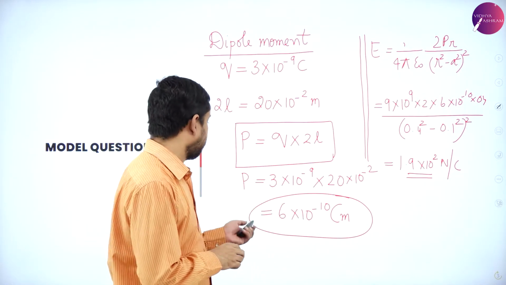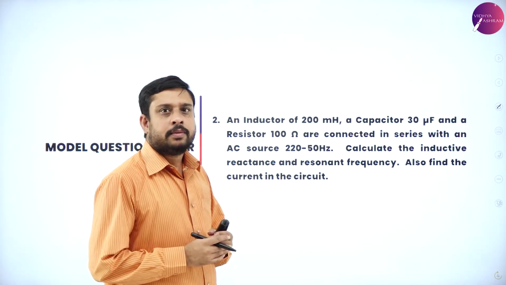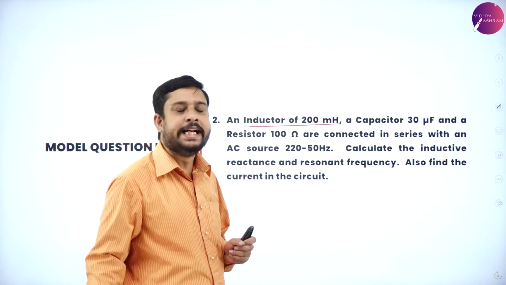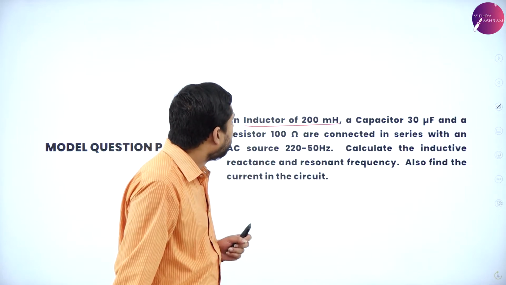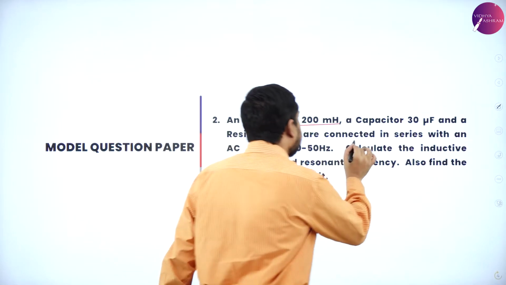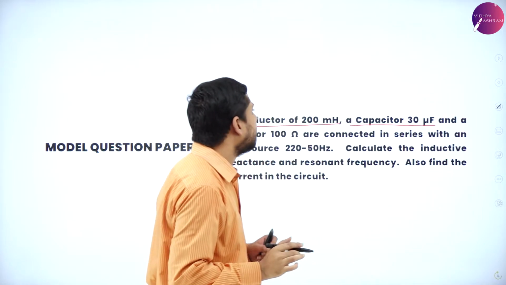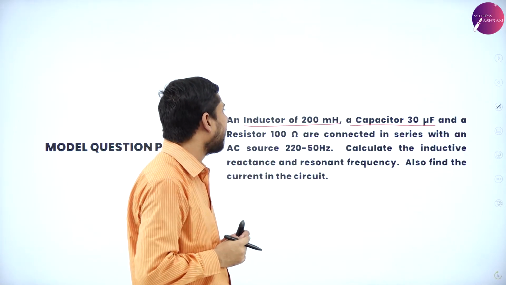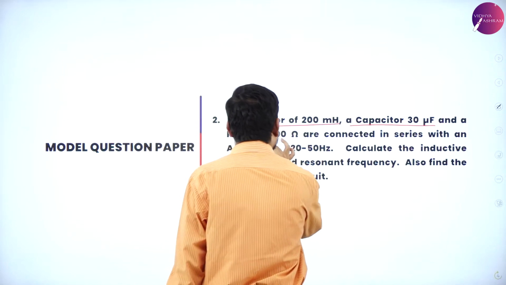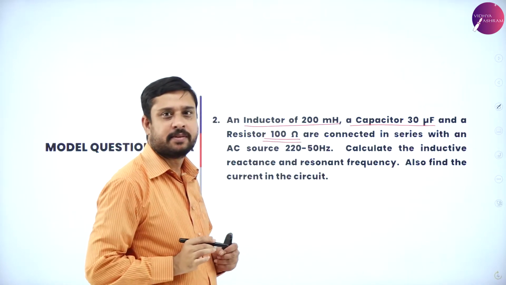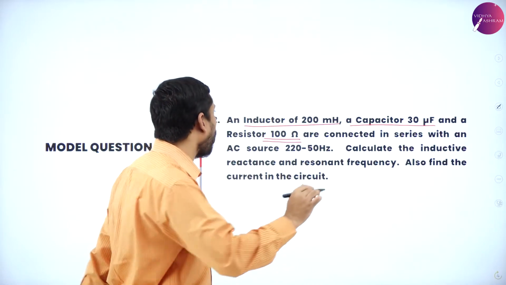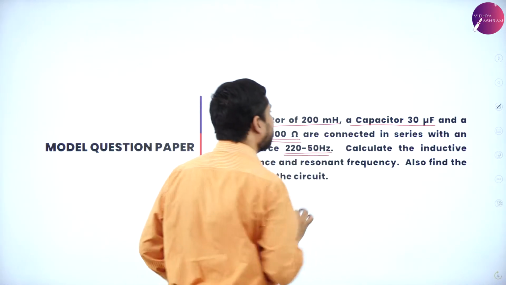The next one, students. Now the problem says, there is an inductor of 200 millihenry, a capacitor of 30 microfarad, and a resistor of 100 ohms connected in series with an AC source of 50 hertz.